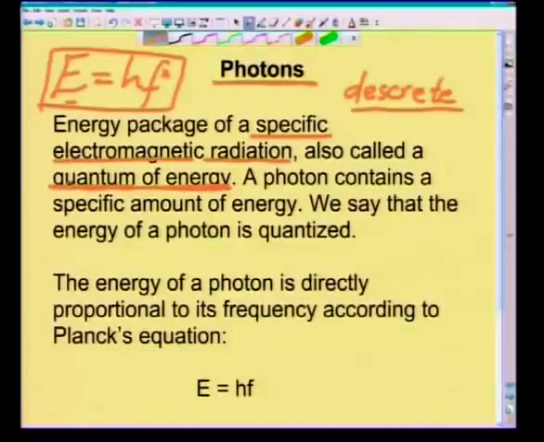Now, quantum of energy means that that particular type of energy is specific, it is discrete, it belongs to that particular color of light, which is, of course, determined by its frequency. A photon contains a specific amount of energy, as I've explained, and we say that this energy of a photon is quantized.